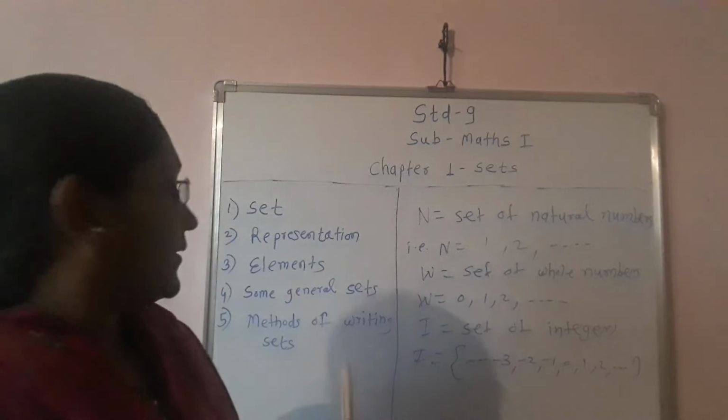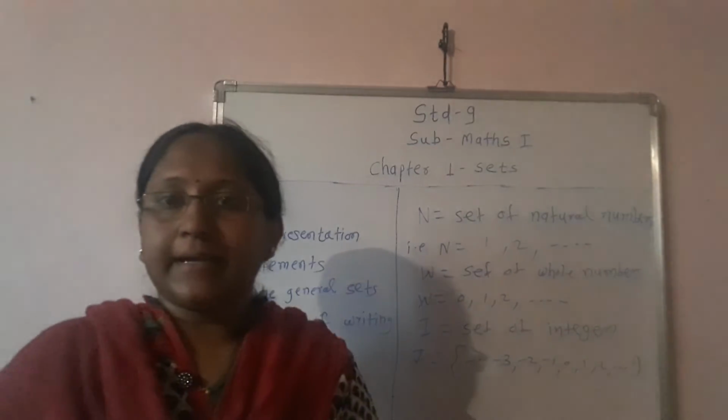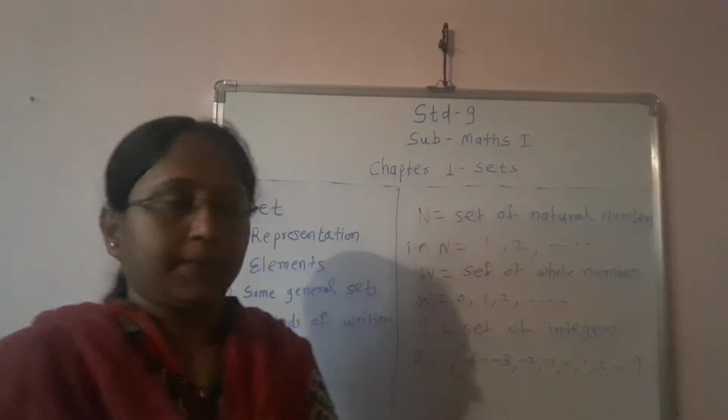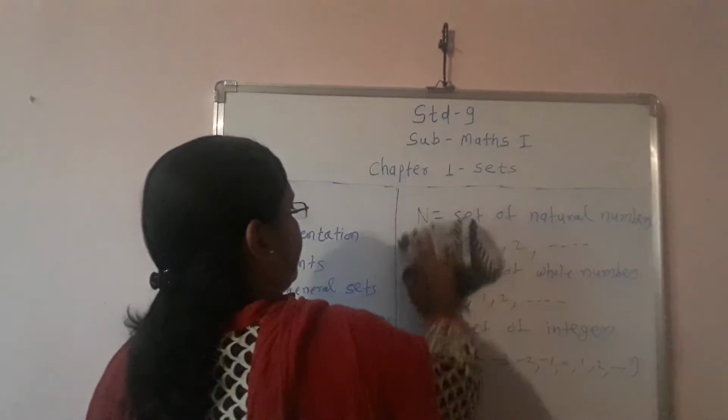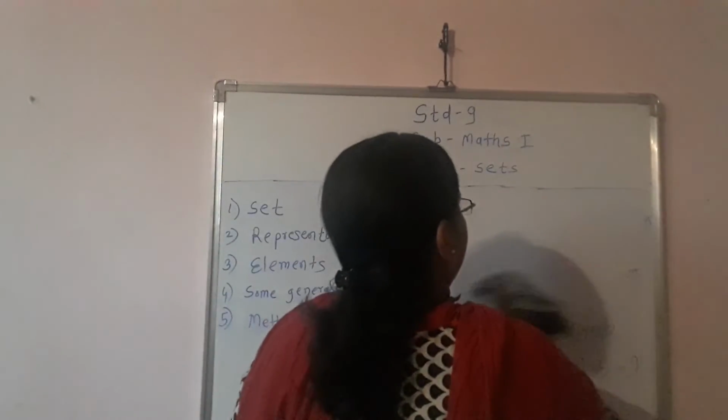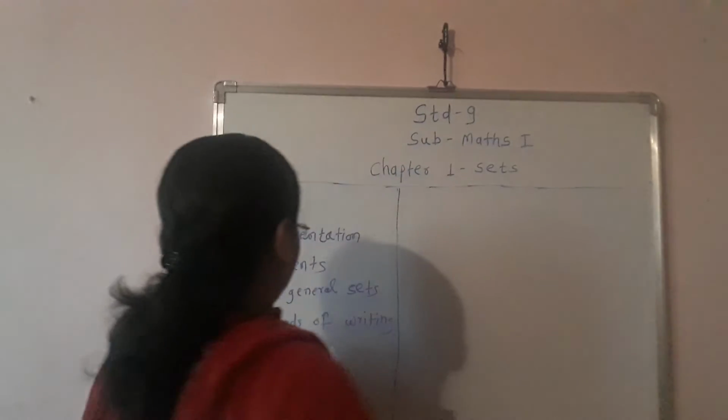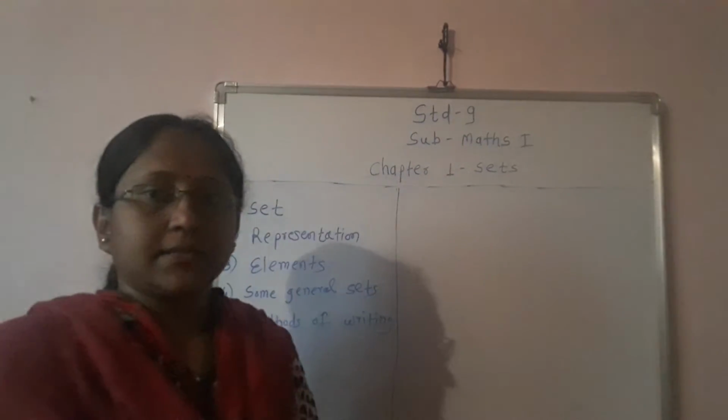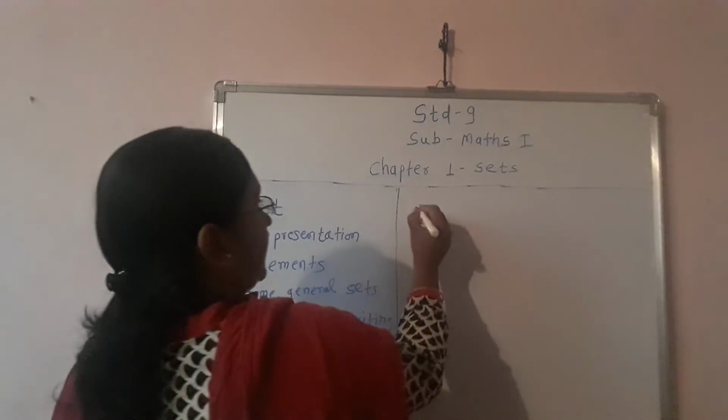Then there are two methods of writing a particular set. Methods of writing a set are two.